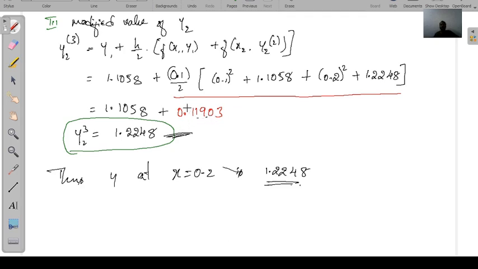We are going to add the values, and then in the last step we are going to finalize. That is, we are going to round up the fourth decimal place. After doing such things, we are arriving at 1.2248.